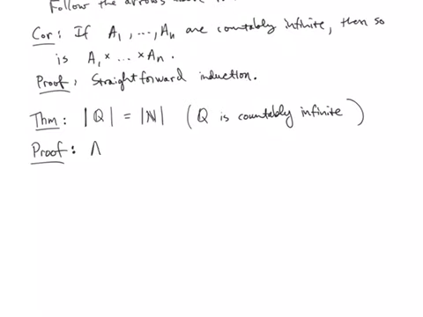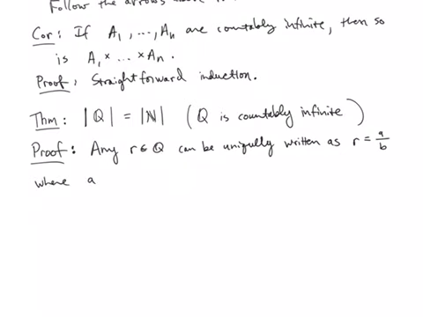The details are that any r in the rationals can be uniquely written as r equals a over b, where a can be any integer, b is a natural number, and a and b have no common factors, no common divisors.